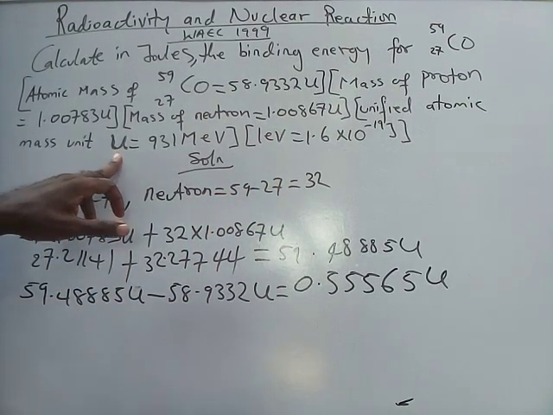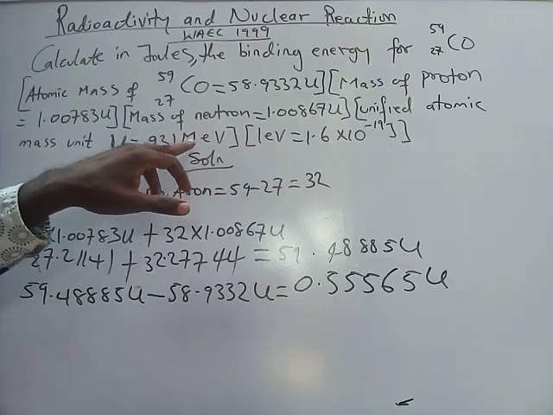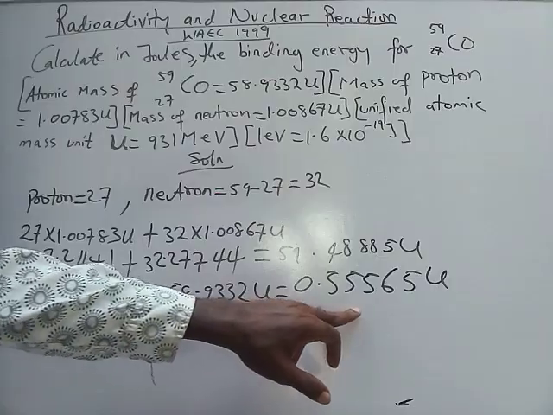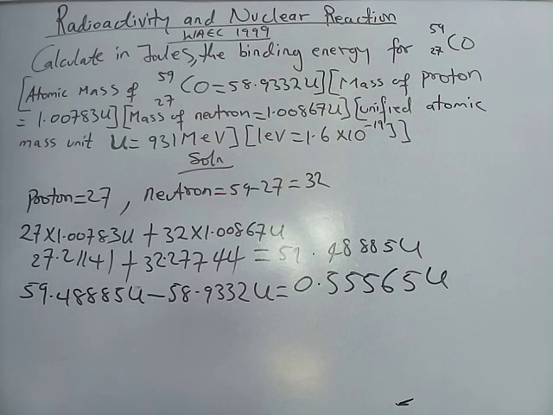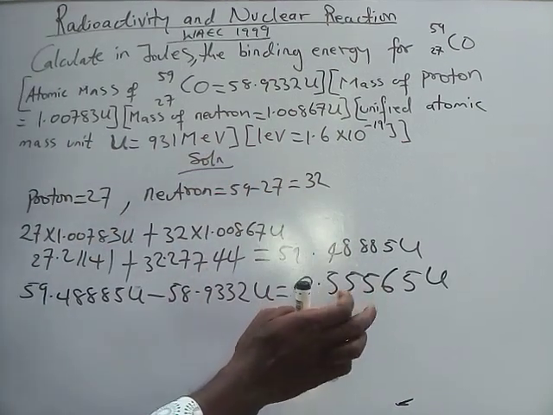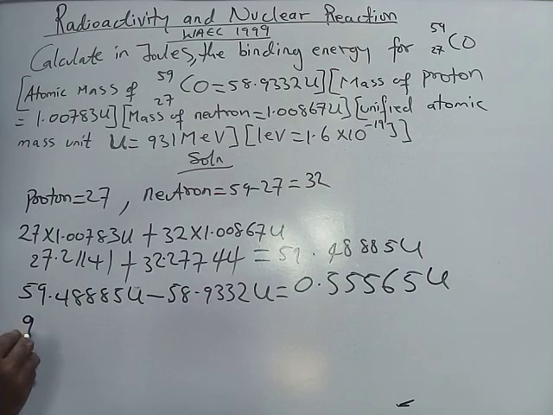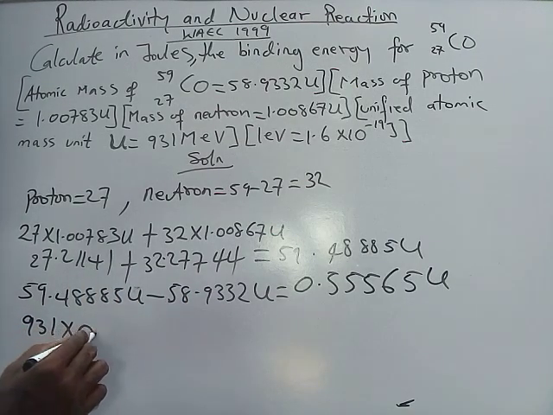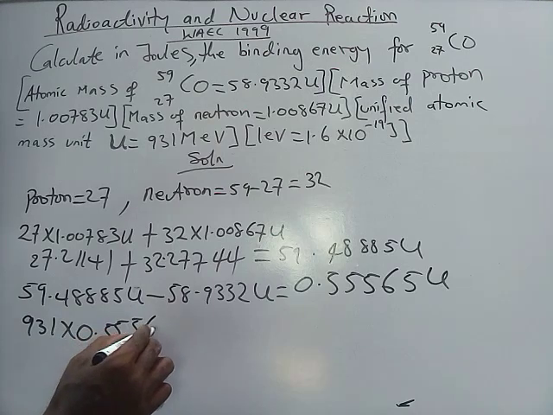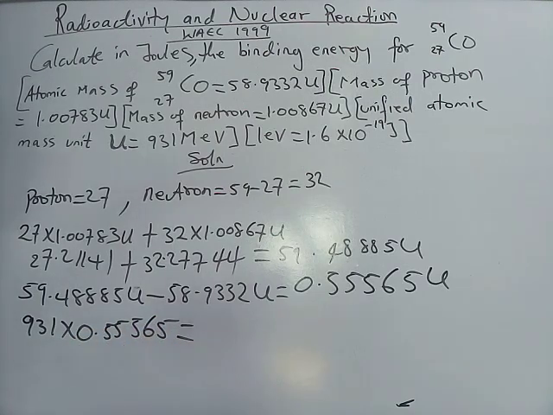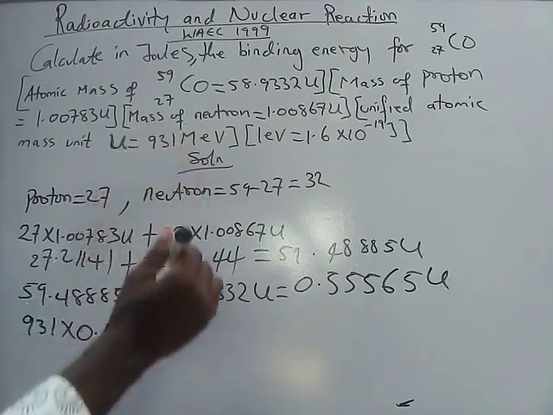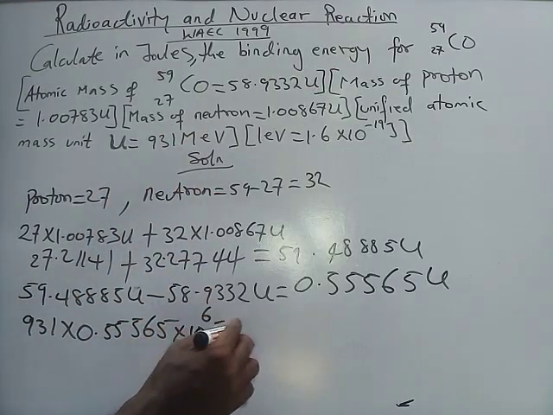If 1 U is 931 mega times 10 power 6 electron volts, then this U will give us electron volts. So now we multiply this by this: 931 times 0.55565. Mega is 1 million, times 10 raised to power 6 also.